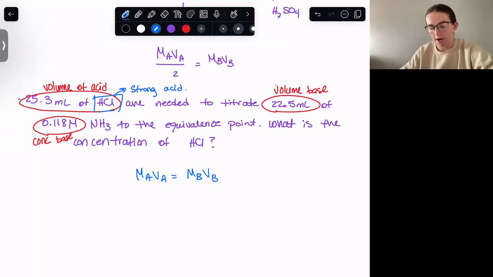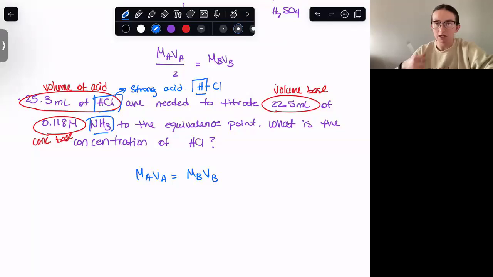So the more you work with these types of questions, the more you'll realize that HCl is a strong acid. It's because it has this extra proton here. This H is indicative of an acid.